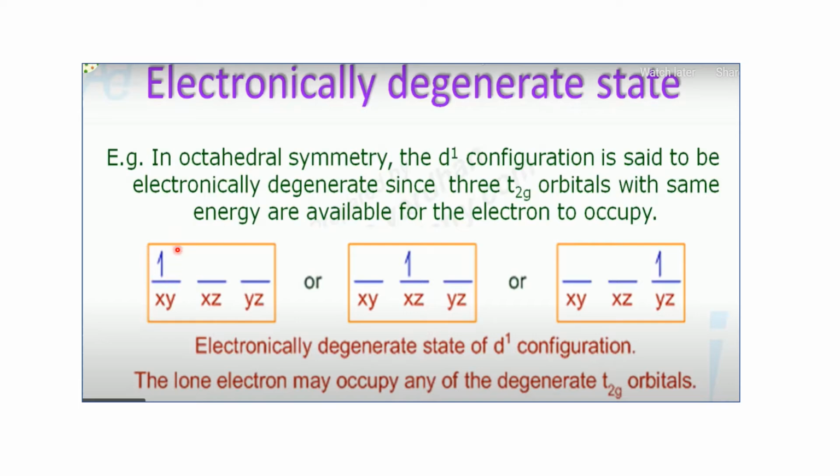This one electron can occupy either the xy orbital, xz orbital or yz orbital, and the energy of these configurations remains the same. That is an electronically degenerate state. That is, d1 configuration represents an electronically degenerate state.